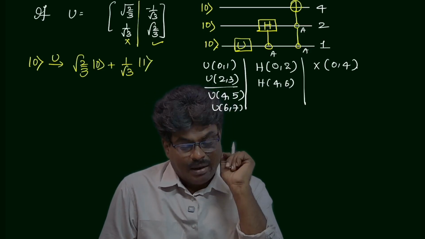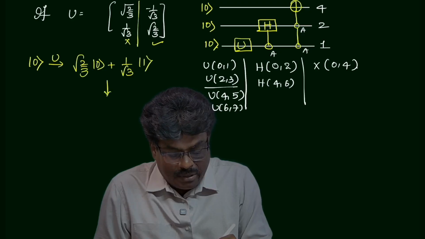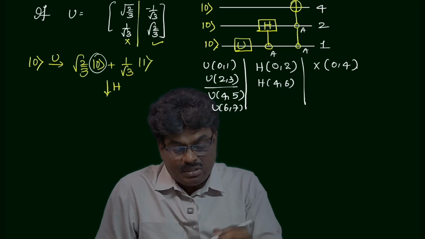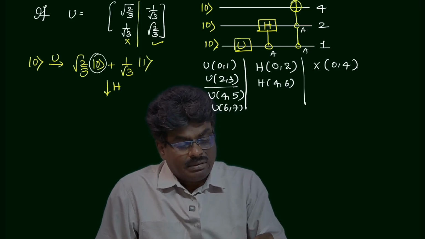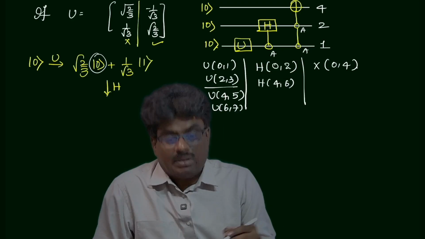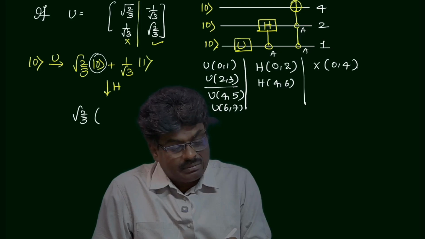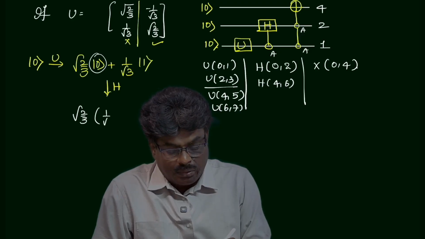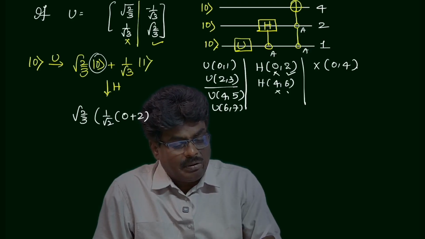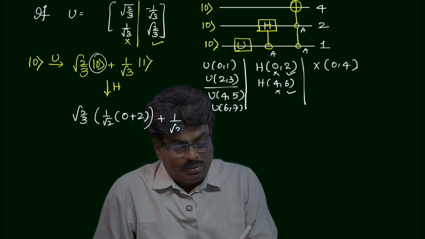Nice. Now after that the Hadamard operation is there. So I'm taking the Hadamard operations like this. Please check 0 and 1 here. It creates a superposition of 0 and 2, that's why root 2 by 3 times 1 over root 2 times 0 plus 2, because it is off, on, off, on. 0 is off, bracket close, plus 1 over root 3.